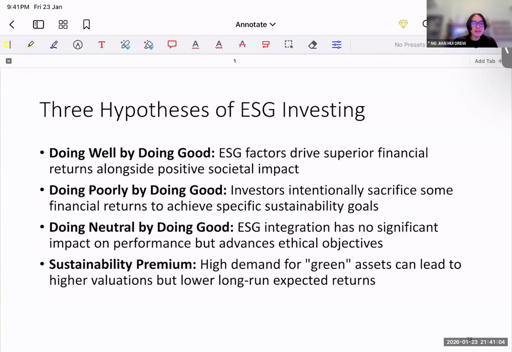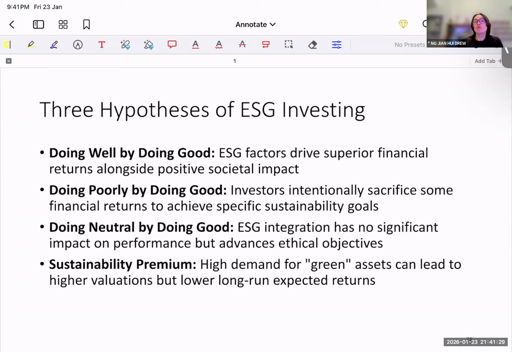Okay. So then there is this thing called doing well by doing good. Or doing poorly by doing good, or doing neutral by doing good. Basically, the idea is that when we invest in ESG, do we benefit, do we not benefit, or maybe there's no impact at all? When we think about benefit or no impact, we are very much focusing on the financials, right?